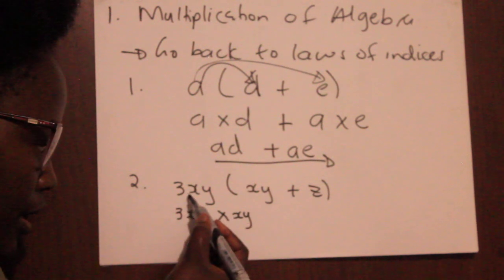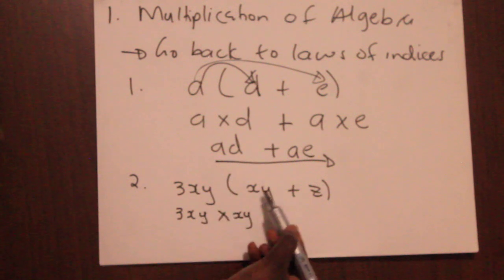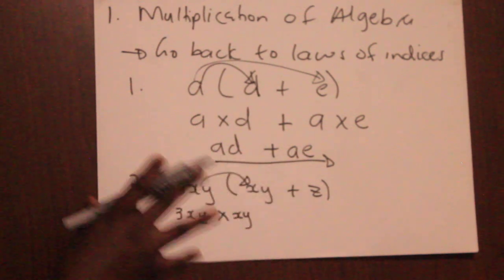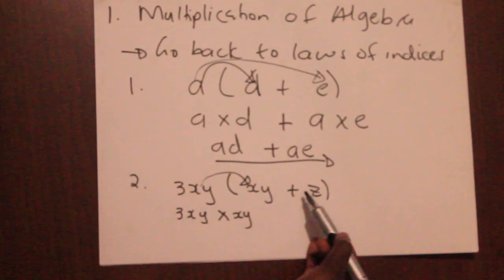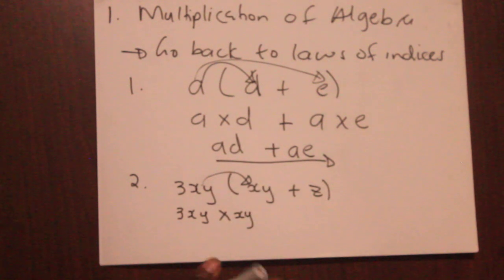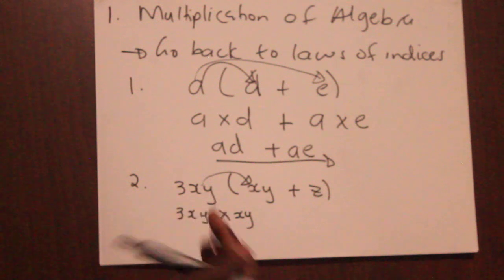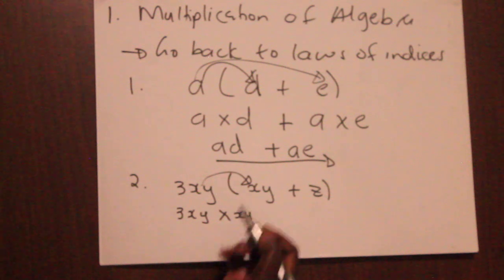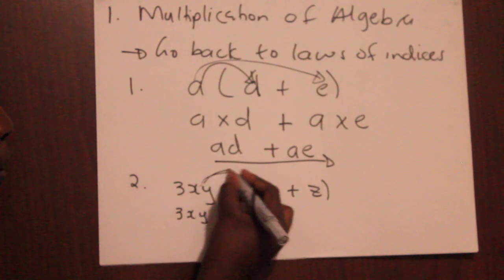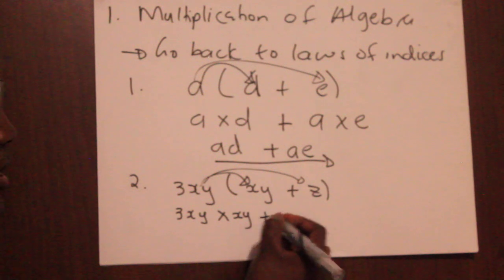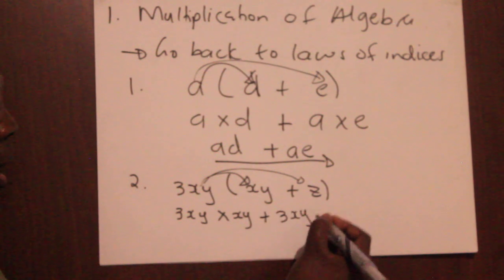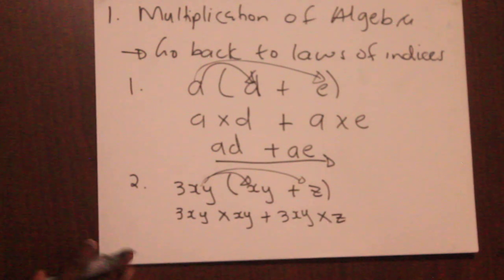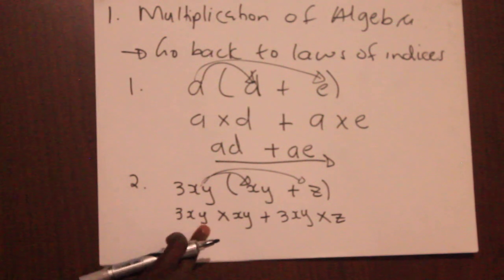This rule is more like shaking hands: each term in the bracket should multiply with the outside term. And then we have 3xy multiplied by z, so it's plus 3xy times z.